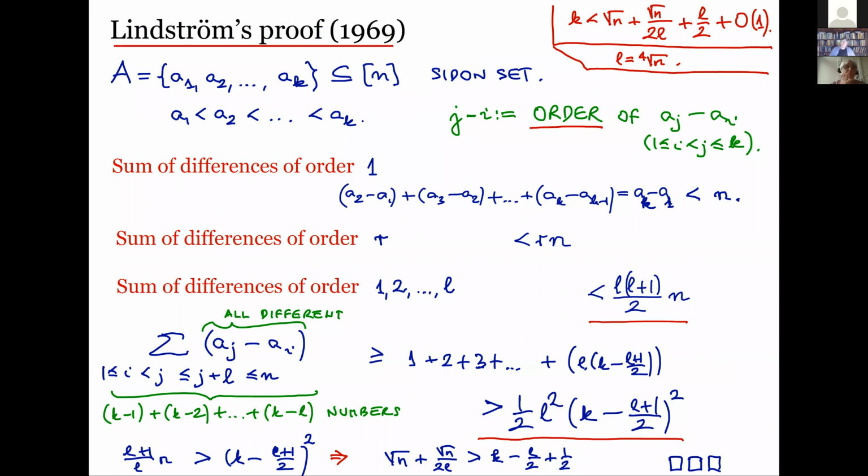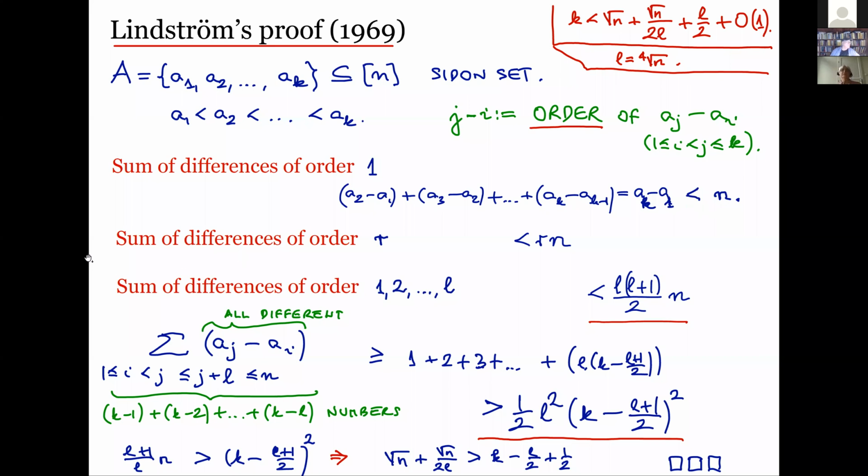Lindström's proof is somewhat different. Here, instead of shifting the set, we consider the differences, and we say that a difference a_j minus a_i has order j minus i. So if you consider the order 1 differences, then they add up, and if we add these differences up, we got something which is less than n.